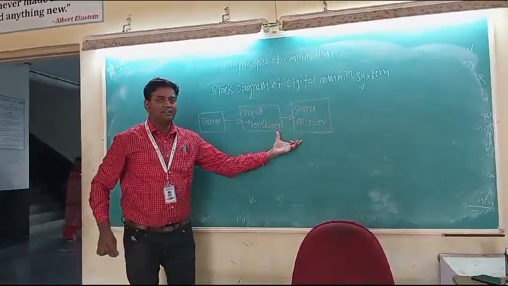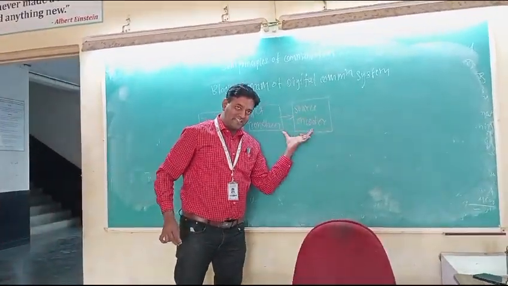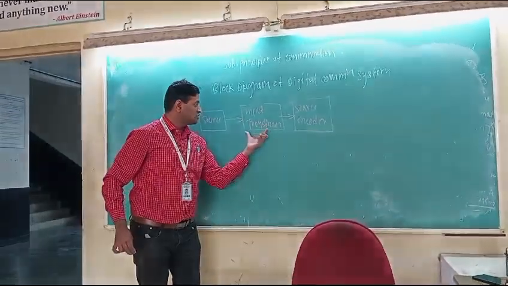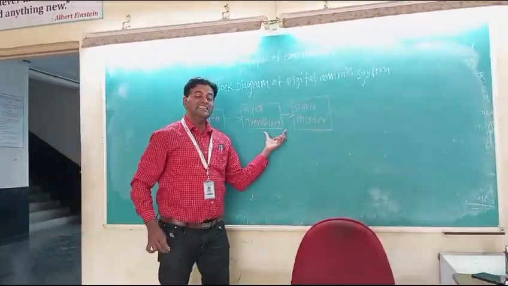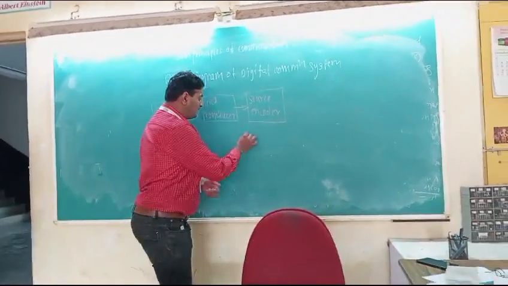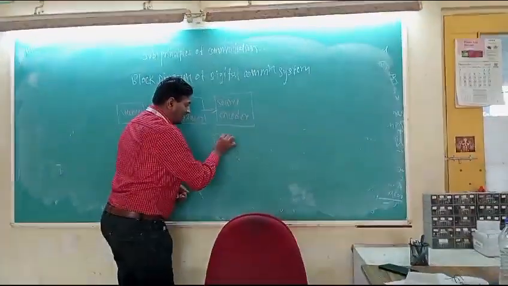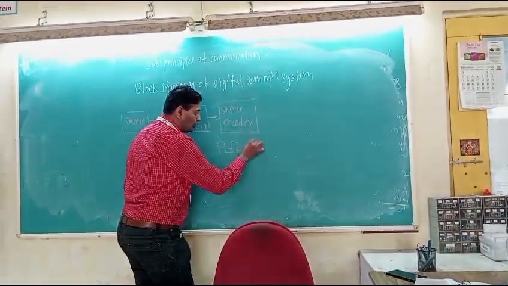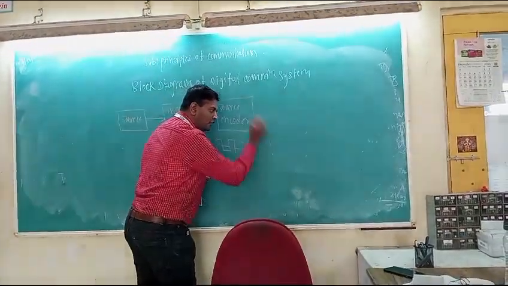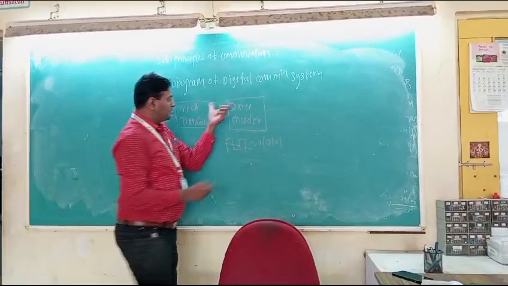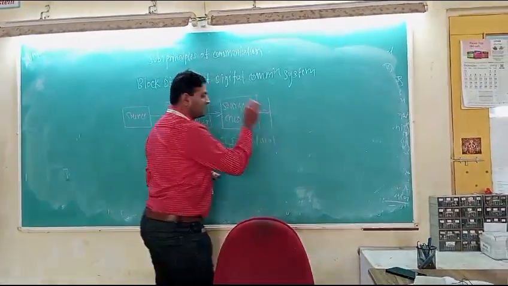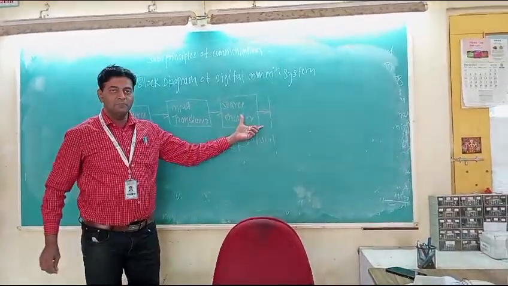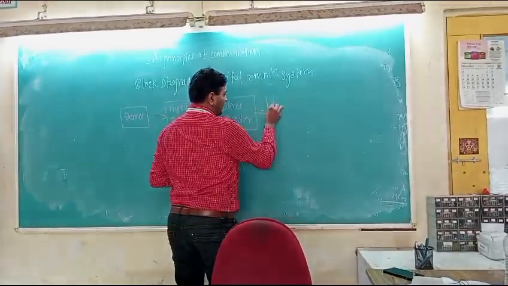The main function of the source encoder is that it compresses the data. Up to the input transducer, the data is in the form of square waveforms, and the source encoder converts that waveform data into digital bits, that means 0 1 0 1 0 1 like that. The output of the source encoder goes towards the channel encoder.